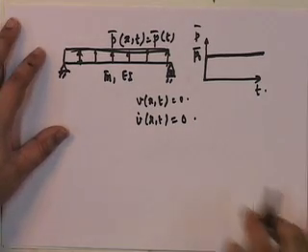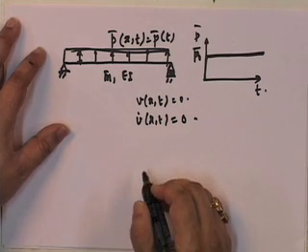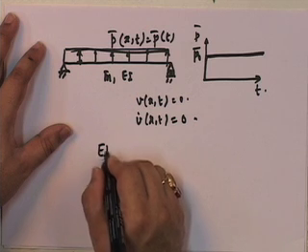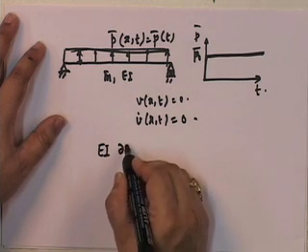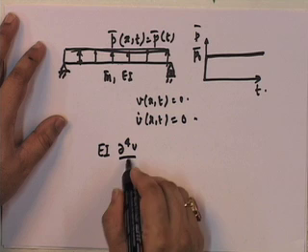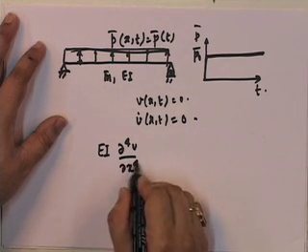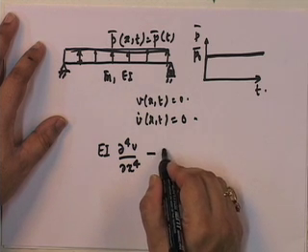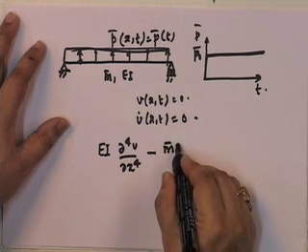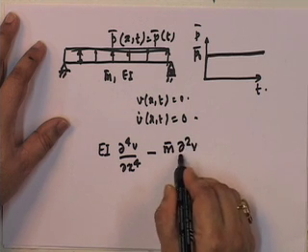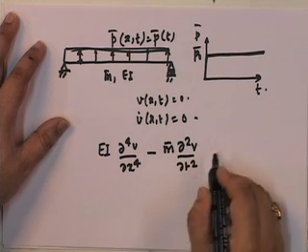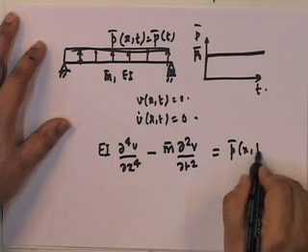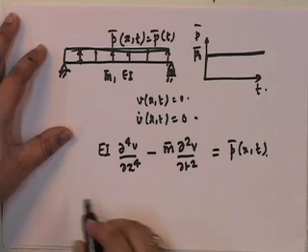Okay. So first and foremost, we have to write down the equations of motion. And what are the boundary conditions?